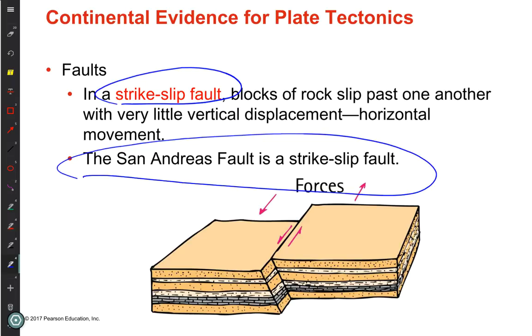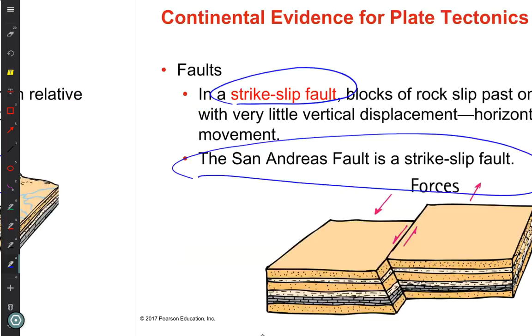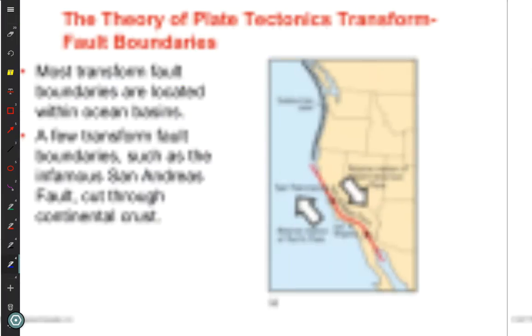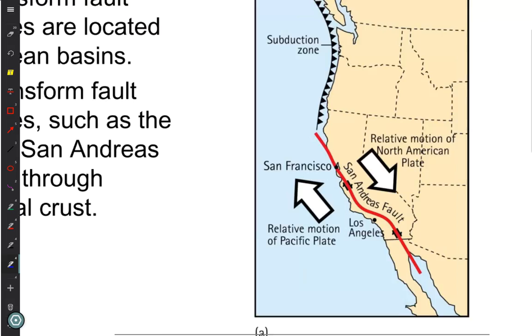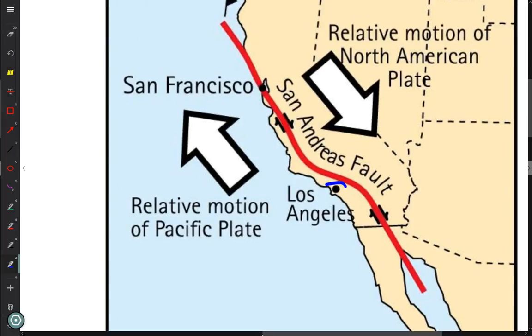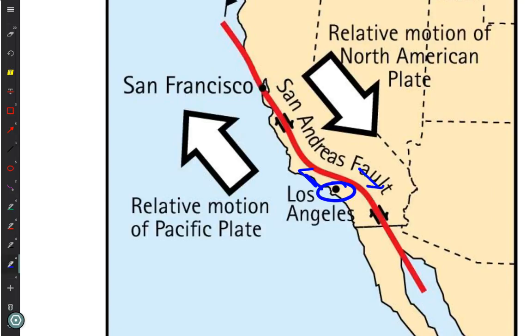So every time we have an earthquake on the San Andreas fault, Los Angeles moves north. Los Angeles is on this side of the fault. So when we have an earthquake on that, Los Angeles might move north 10 feet compared to inland United States, which is kind of curious, right?